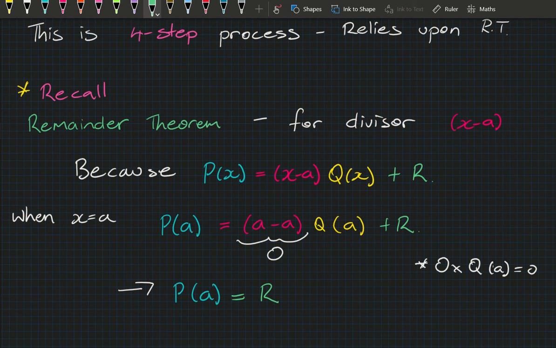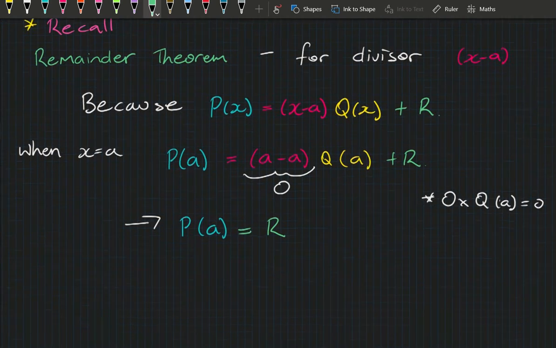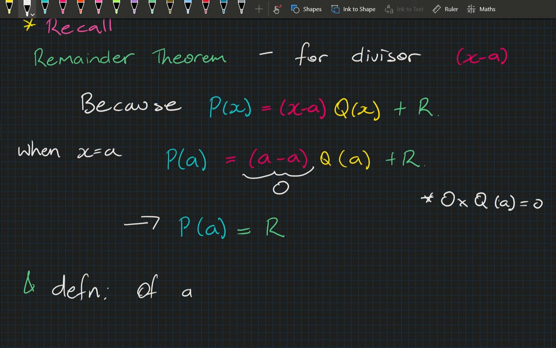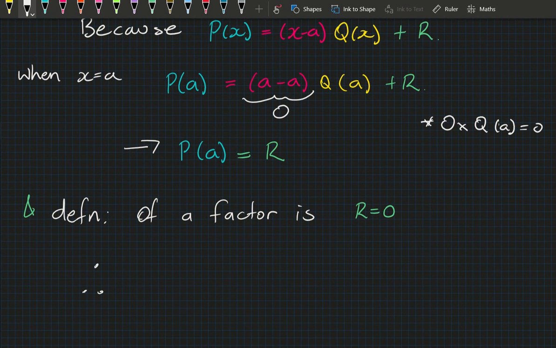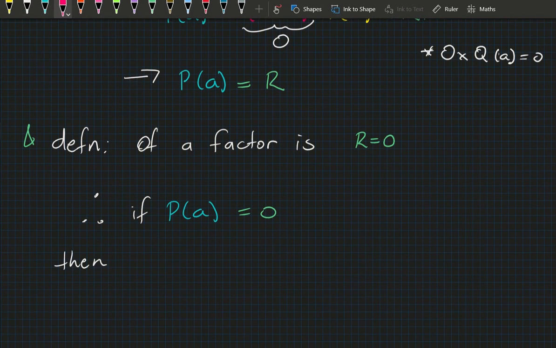So in other words, if I want to know what the remainder is after dividing by x minus a, I just sub a into the polynomial. And of course, the definition of a factor is when the remainder is 0. So if I have a polynomial at a value a equal to 0, then that means that the divisor x minus a must be a factor.